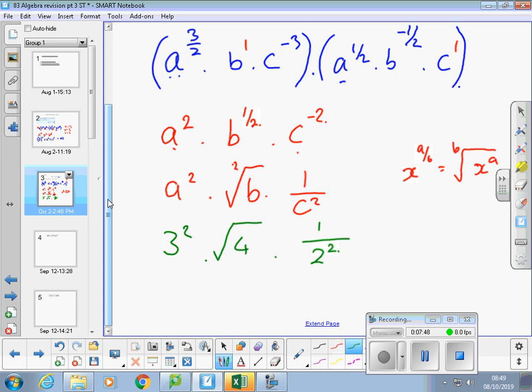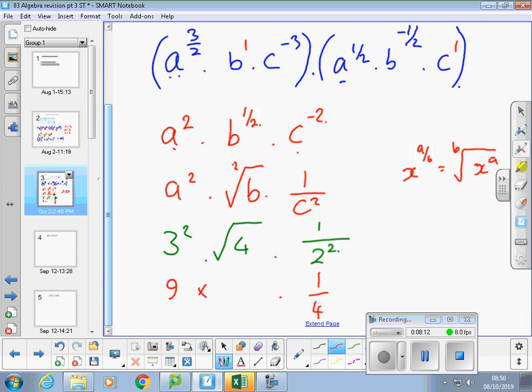What does 3 squared equal? What does 1 over 2 squared equal? 4. What does square root mean?